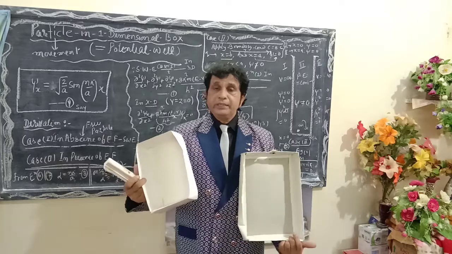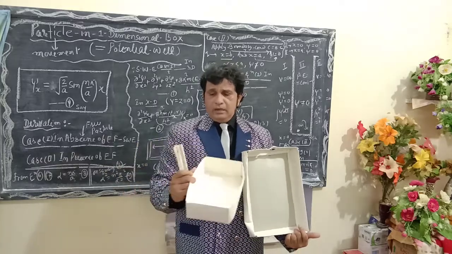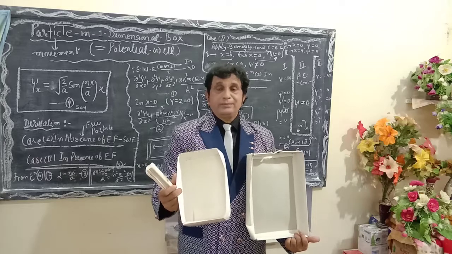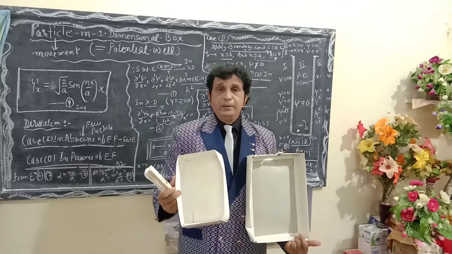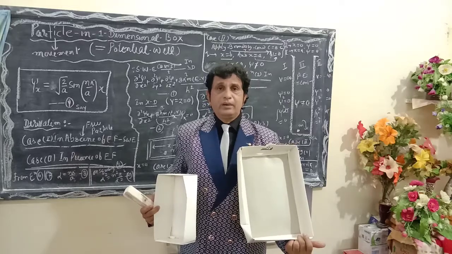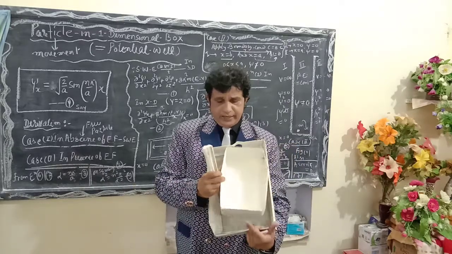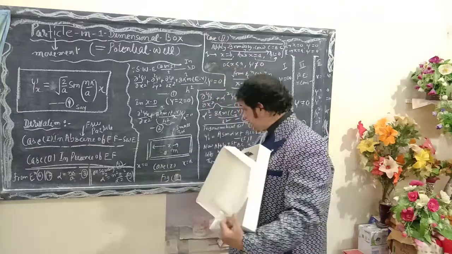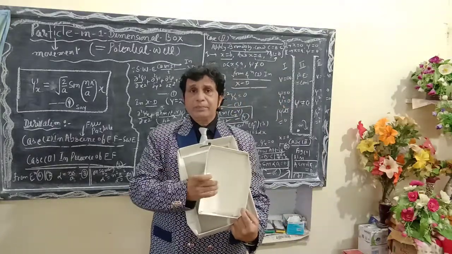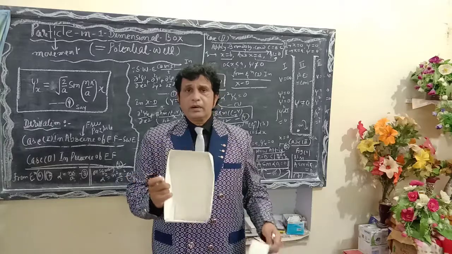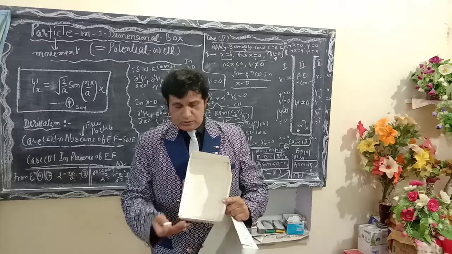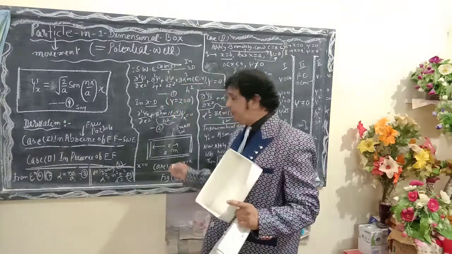Case first denotes the absence of electric field, and case second denotes the presence of electric field. Let us assume a particle which is moving between x is equal to 0 to x is equal to a here.